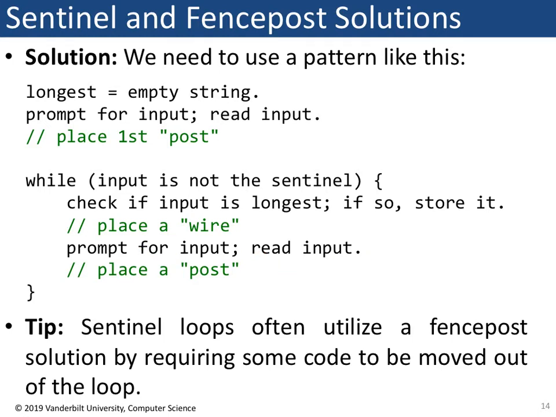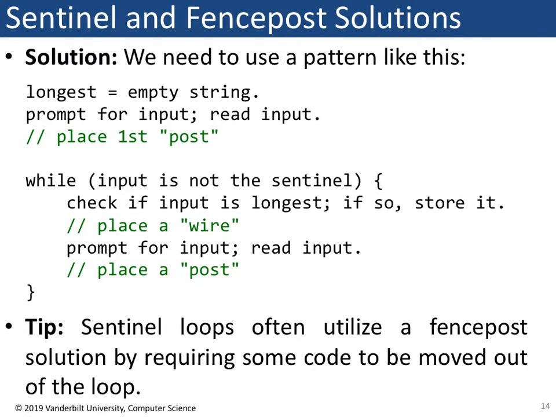Now what happens if the user has now typed in the sentinel, goodbye followed by exclamation mark? Well, we just reached the end of the loop. After we reach the end of the loop, we go back and perform the test. So the user did type in goodbye followed by exclamation mark, so this test is going to come back false because the input is the sentinel. So when this test comes back false, we don't start another loop, we immediately jump to the statements following the loop.